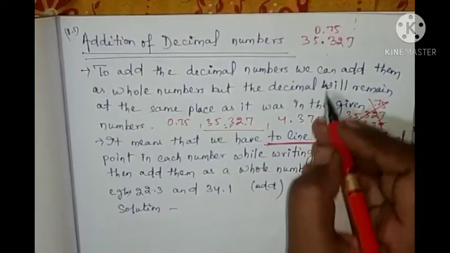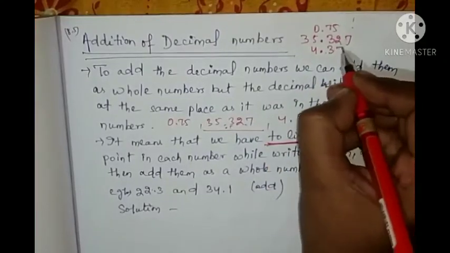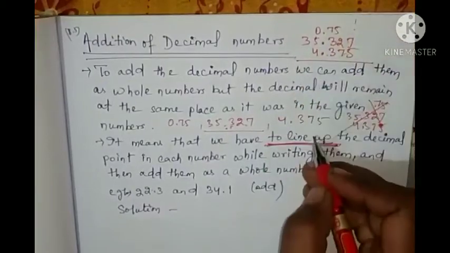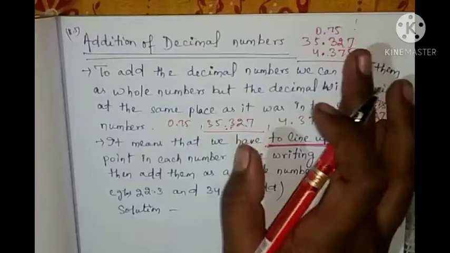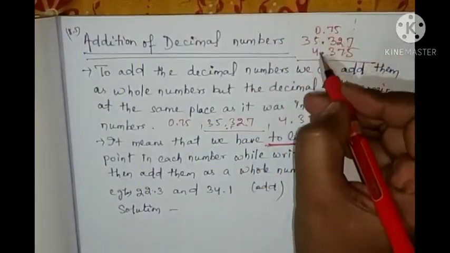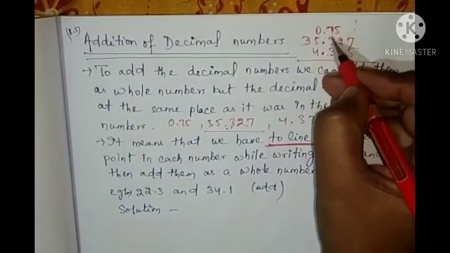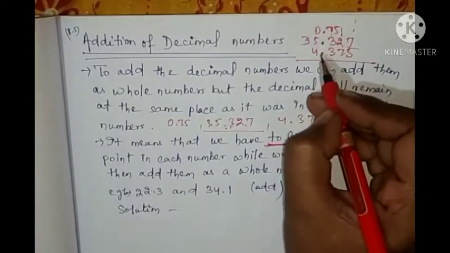Next is 4.375, and the point is here. Like this we line up the decimal point so that the place values are in the same place. Look, here all are in the ones place, this is the tenths place, hundredths, thousandths, and the decimal point is in line.